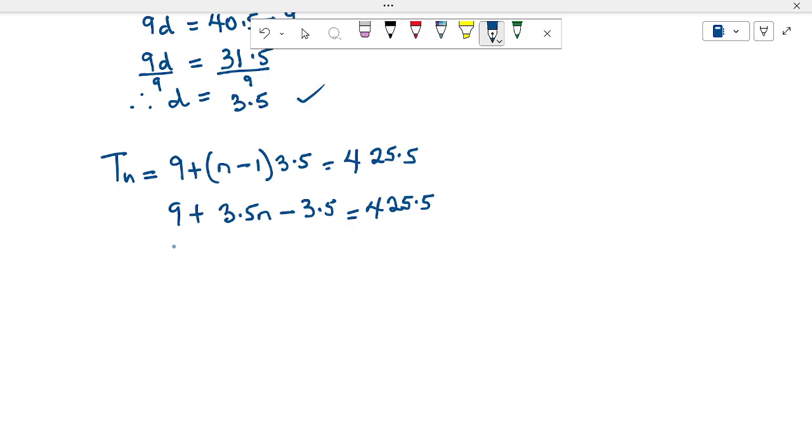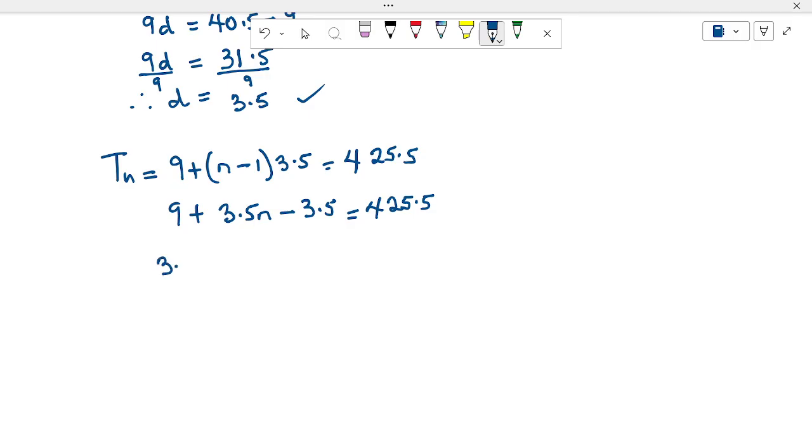Therefore, gather your like terms. 9 minus 3.5. I'm doing it myself, so I expect you to do it too as this class is going on.